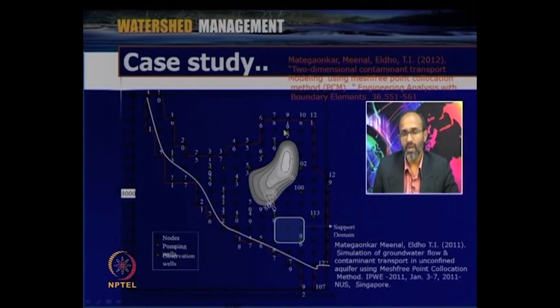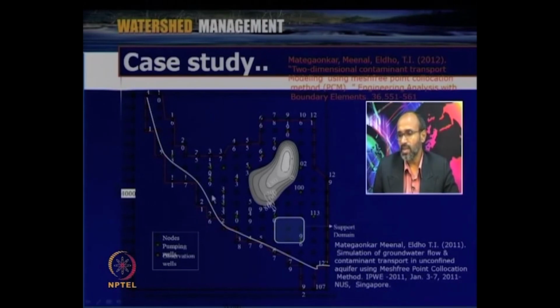So, here we developed a flow model and a transport model based upon the mesh free technique. Here, of the various nodes, we simply use only nodes. The details of this mesh free technique you can look into in this paper in the journal Engineering Analysis with Boundary Elements, published in 2012, 2-dimensional contaminant transport modeling using the mesh free point collocation method.